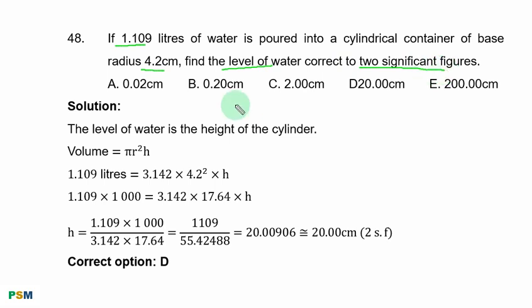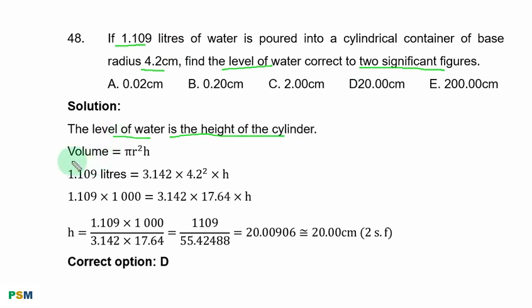Solution: the level of water is the height of the cylinder, and the amount of water is the volume given in liters.